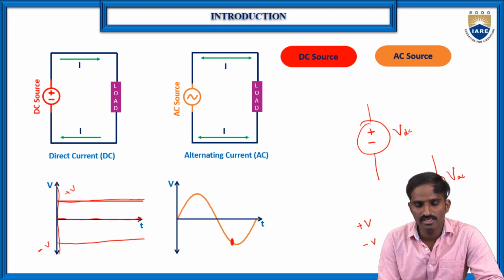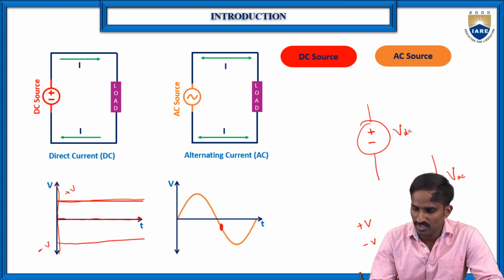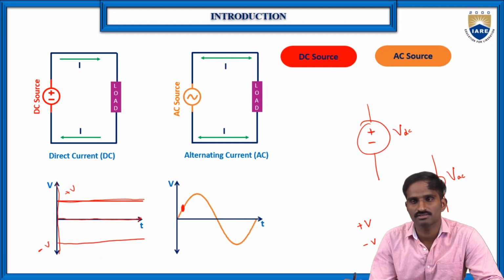And when coming to the AC, the AC has both magnitude as well as direction. Usually the AC voltage waveform is represented by a simple sine wave. That's why the symbol of the AC source is also something like this, right?